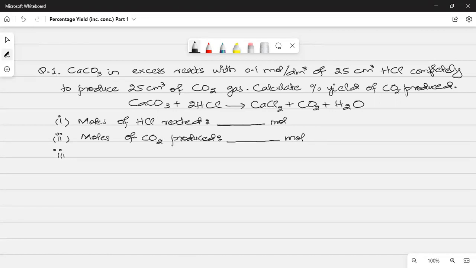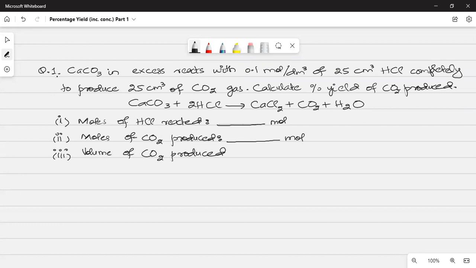Remember, the method is pretty much simple. First step is always the formula step, second step is always the ratio step, third step is the formula step, and the third step is usually also the answer to the predicted yield. So number 4, volume of CO2 produced.